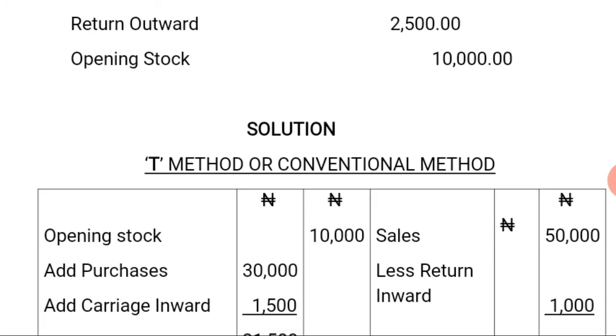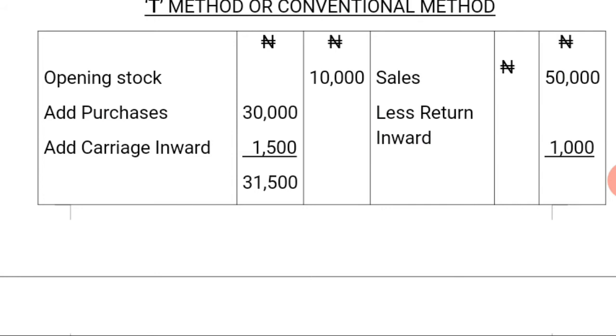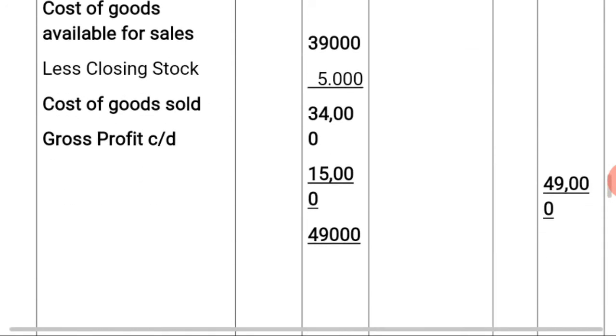Using the conventional method or T method. Our denomination is naira. So opening stock on the debit side, 10,000 naira. You had purchases 30,000 naira, plus carriage inward 1,500 naira. That gives you 31,500 naira.